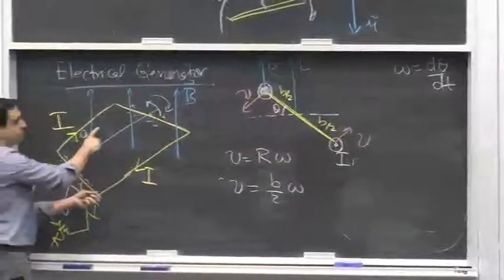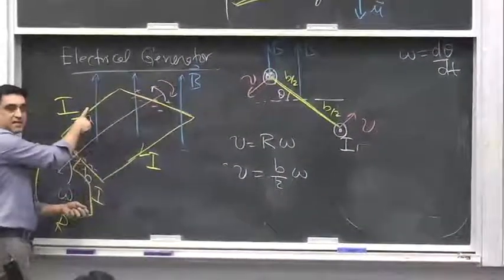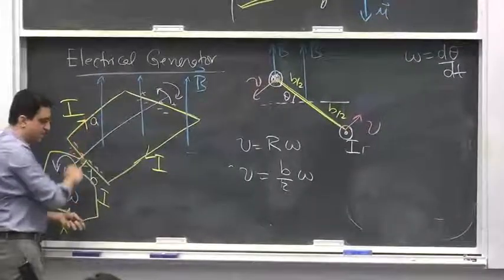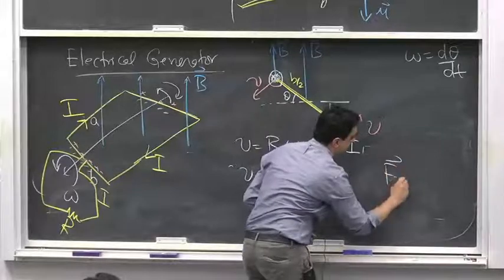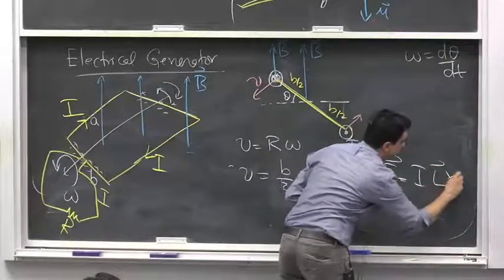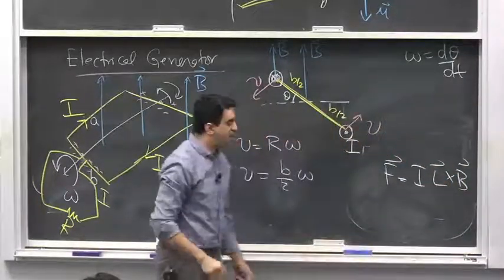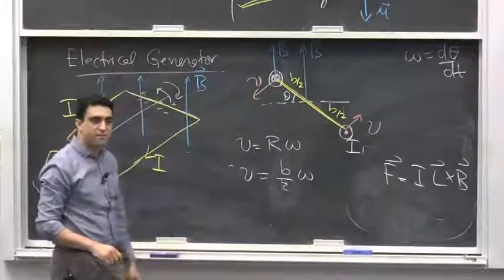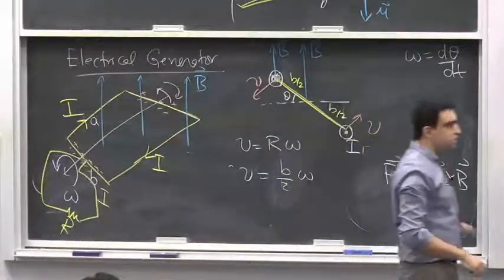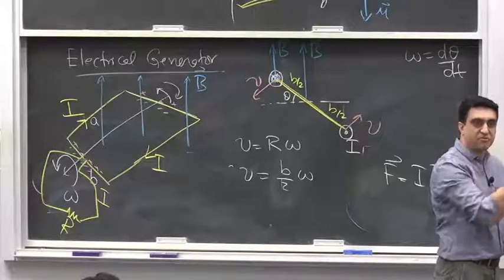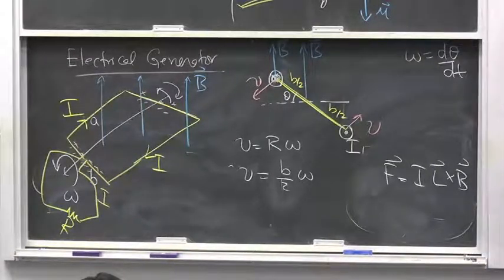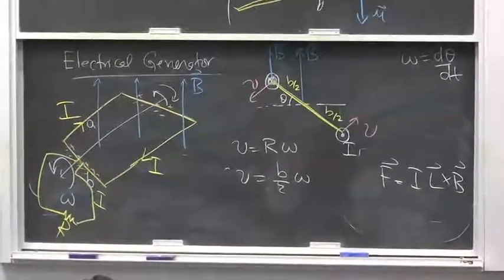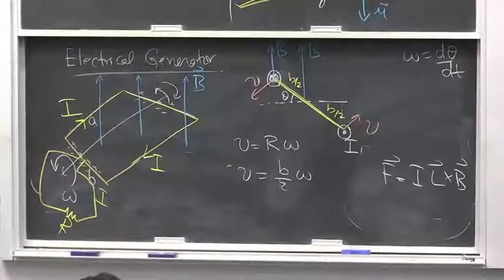And once current starts flowing, the magnetic field would start acting on those currents as well, because the magnetic field can apply force on current, given by L cross B, where L in this case is the length of this wire. So if you have to keep them rotating, you have to work against this force. How much work you need to do, that's something we're going to find now, because that would end up as the eventual EMF of the source.